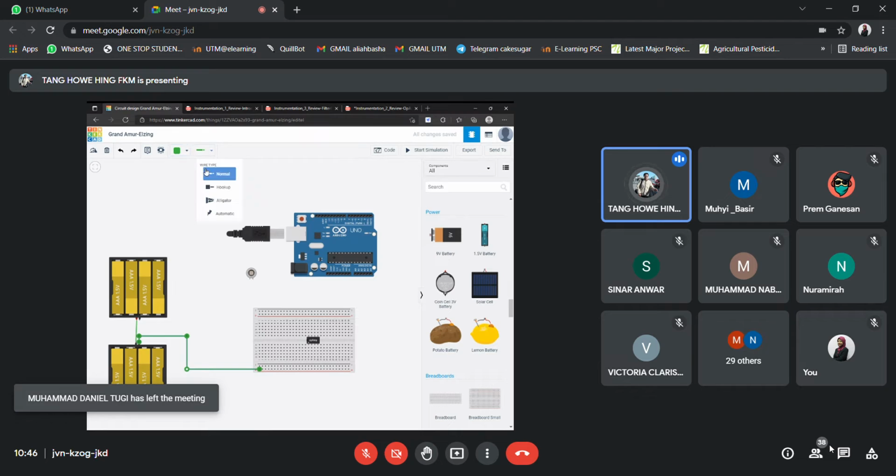So this is the red color. And then this is the negative power supply, or negative 6 volts, and it goes to here. This is black color. And eventually we have the ground.